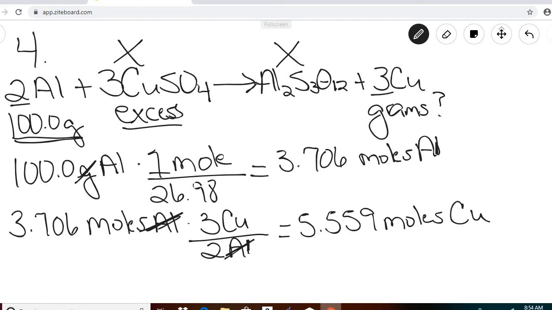Okay, then the last step, so now we know the moles of copper, but we don't know grams yet, so we can now make that conversion from moles to grams. So 5.559 moles of copper.